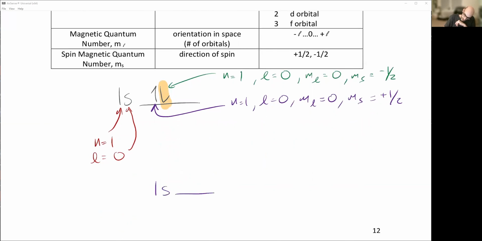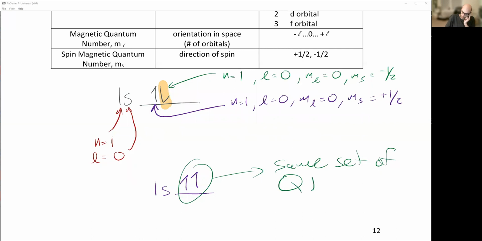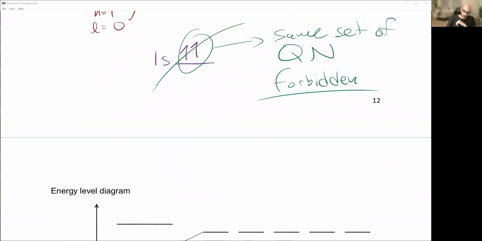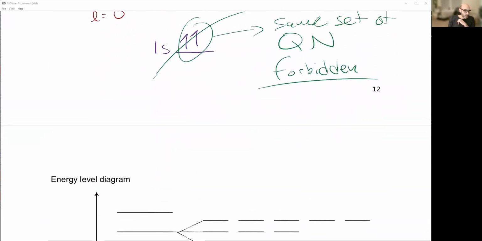If we take a look at this configuration, both of those electrons are going to have the same set of quantum numbers. This is forbidden. This is one of the rules when we start looking at electrons. The same set of quantum numbers is going to be forbidden. And so that's pretty much how it's going to go.